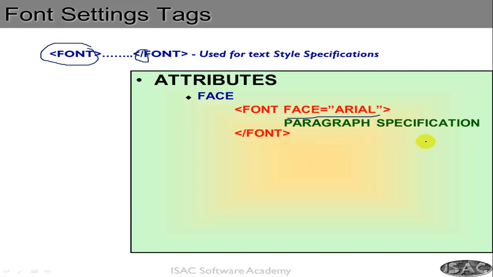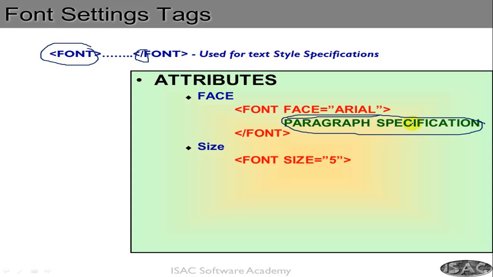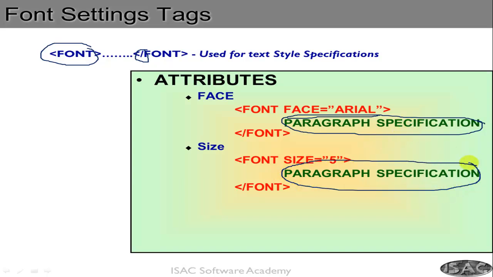So let us assume this one. Now if I write like this, the whole font of this text will become Arial. Now inside the font tag, another thing you can do is size. I want to make the size of that font size 5. What it means is that this text will become of size 5.